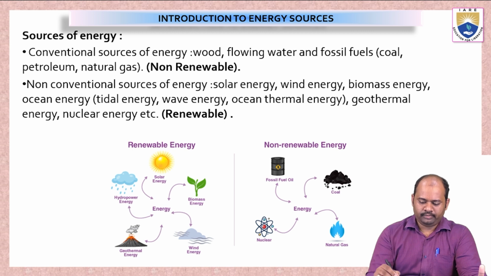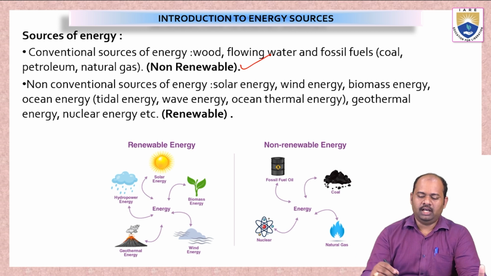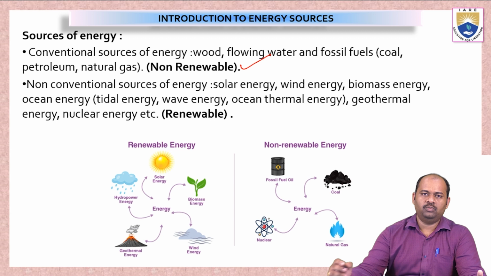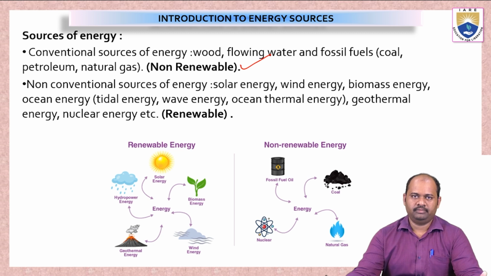These are also called non-renewable energy sources because when we use them, we cannot renew them. Once they are exhausted, we can no longer use the conventional sources of energy.